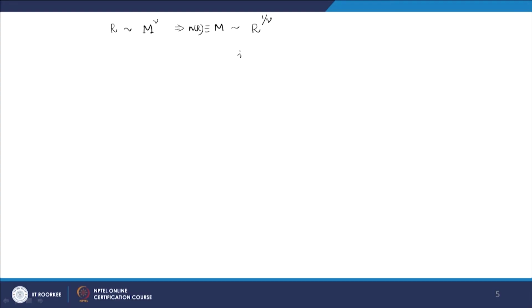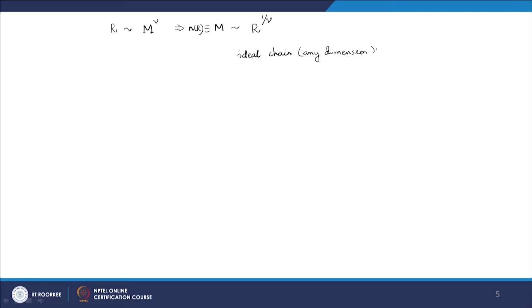For example, for the ideal chain in any dimension, we showed using the drunkard walk in one dimension, going left and right, that we still got r going like the square root of m.